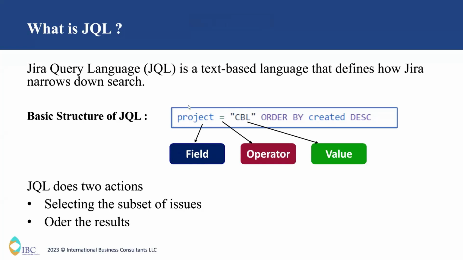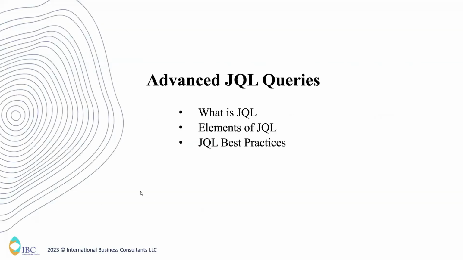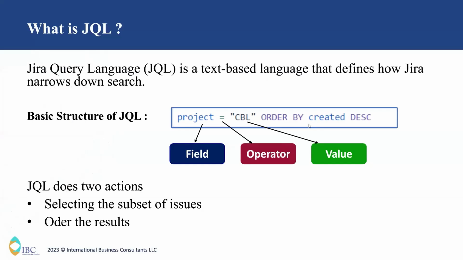If you see here in this example, it clearly says project equal to CBL, which means in the whole organizational data, it is going to sort only this result. So that is selecting the subset of issues. And it also says order by created descending. So what does the order by keyword do? It sorts the result in ascending or descending order based upon the field mentioned here.